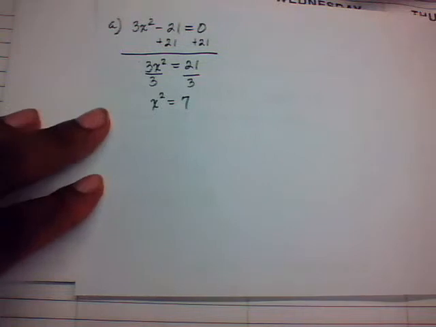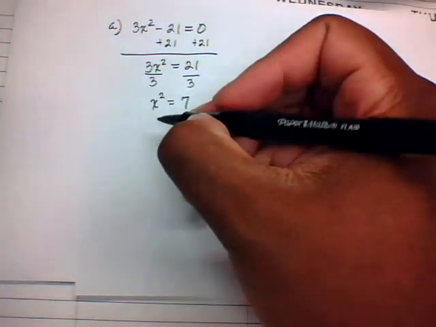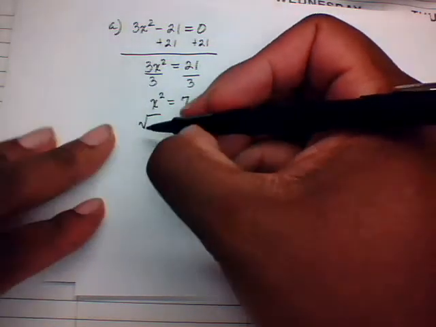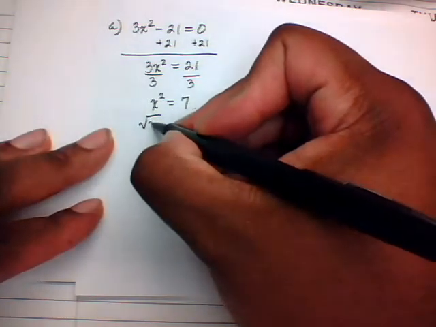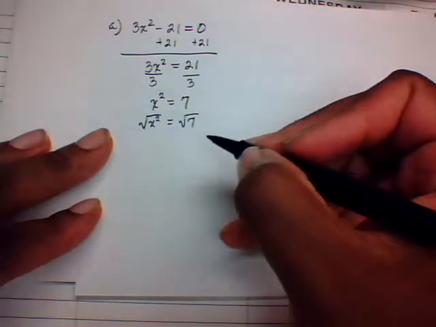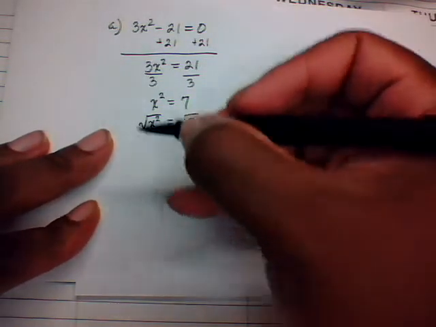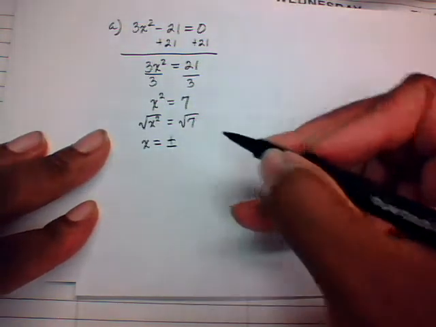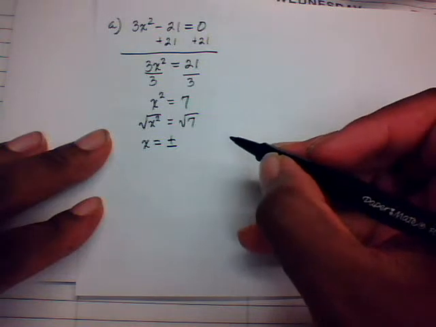And then we want to solve for x. X is being squared, so the opposite of squaring something will be simply taking the square root on both sides of this equation. So that means we're going to have an x here, and then that's going to equal, now here we have to introduce plus or minus.